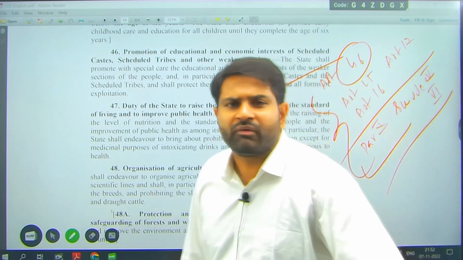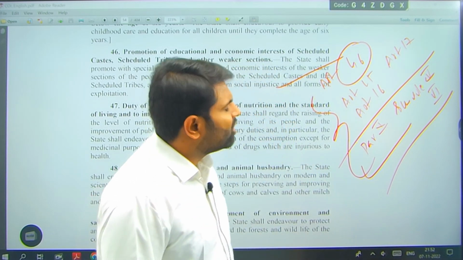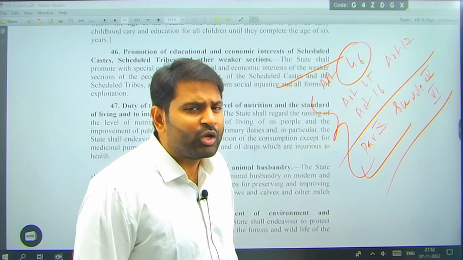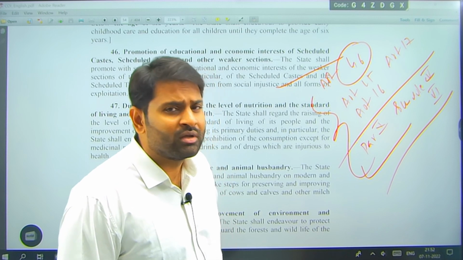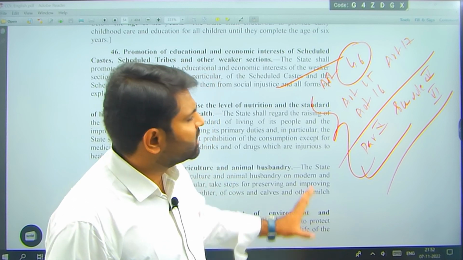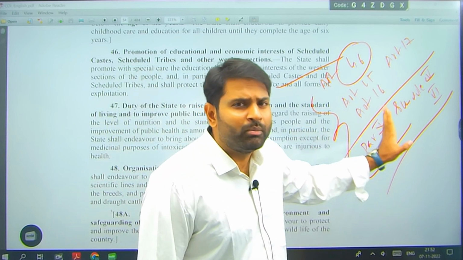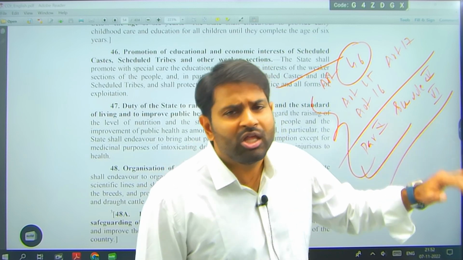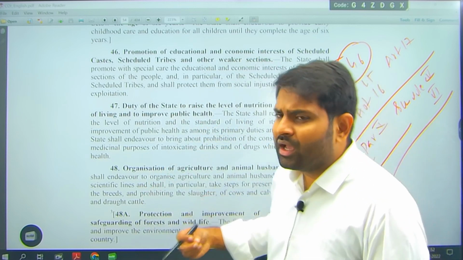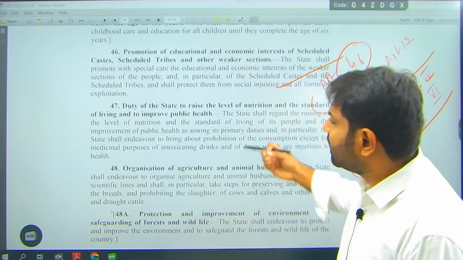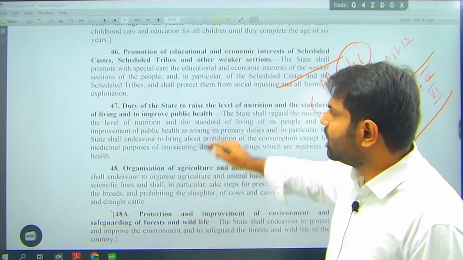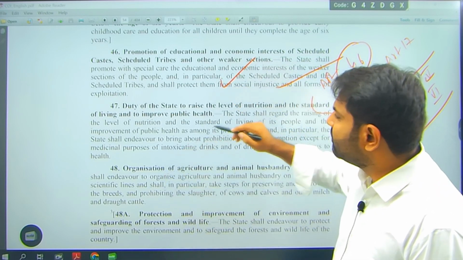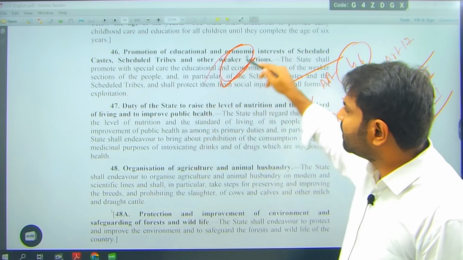There are n number of provisions which are given for them in fundamental rights, in directive principles of state policy, in administration and governance also. They are considered differently and we need to bring them forward. That is the idea behind giving this special treatment to these people and these areas in the Constitution. Article 46 is talking about weaker or vulnerable sections.